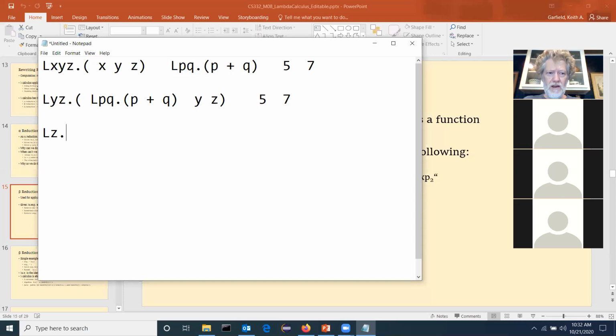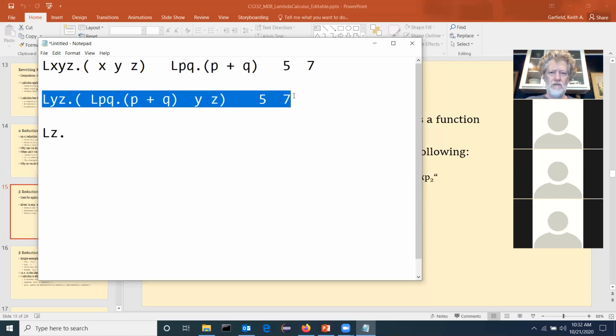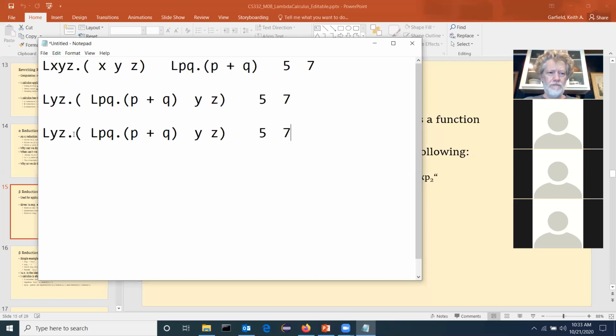So I get rid of the y. This will be easier this way. I get rid of the y and I replace the y with a 5. And then I get rid of that. And then I get rid of the z and I replace the z with a 7.